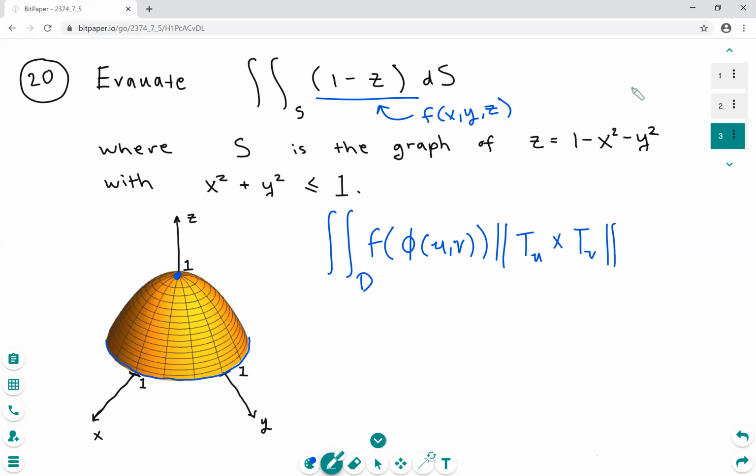And these Tu and Tv, of course, are the tangent vectors in the u and v direction. And then we integrate that du dv over D.